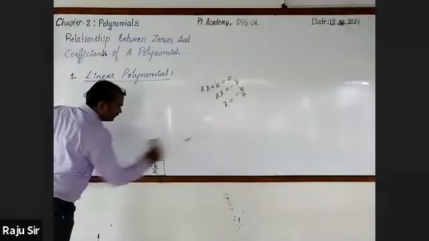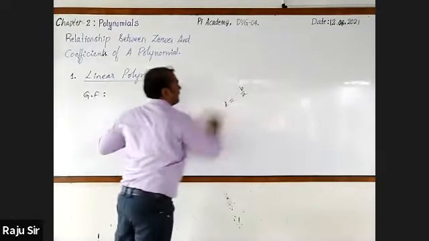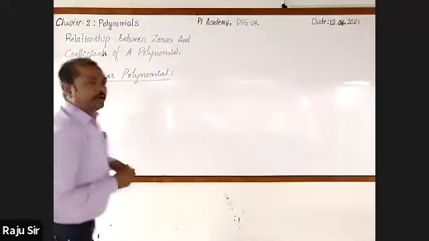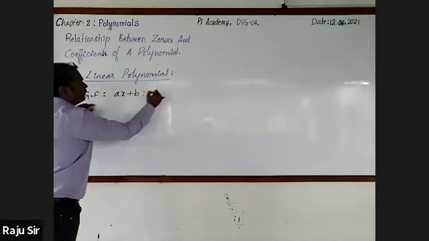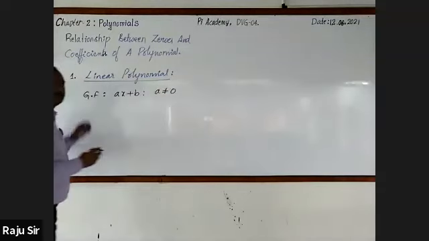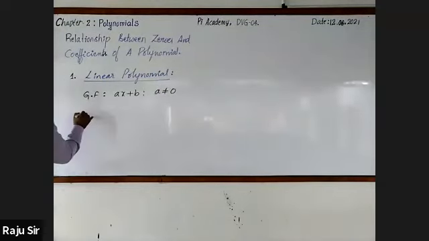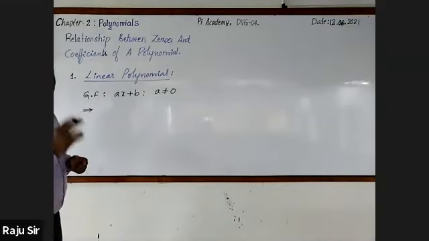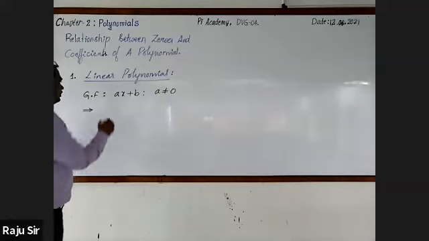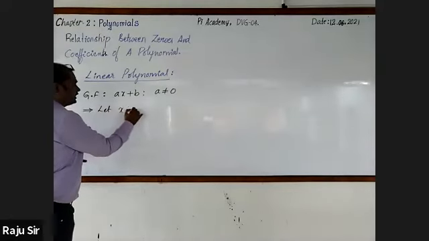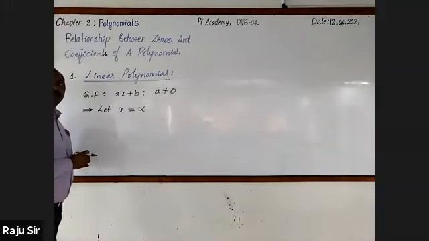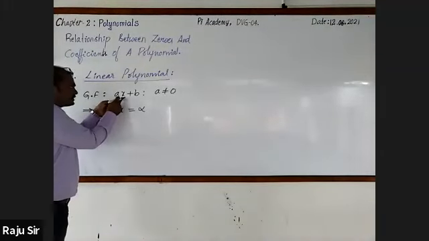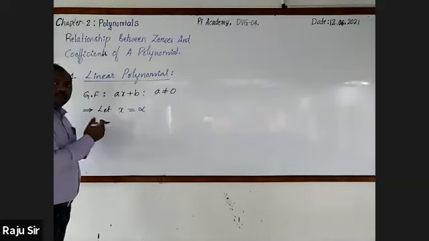Yes, please go on writing. Write the general form. It is ax plus b, where a is not equal to 0. Written up. Now let us go for assuming the zero. That is, let x is equal to alpha. Here finding the zero means you are going to find out the value of x.